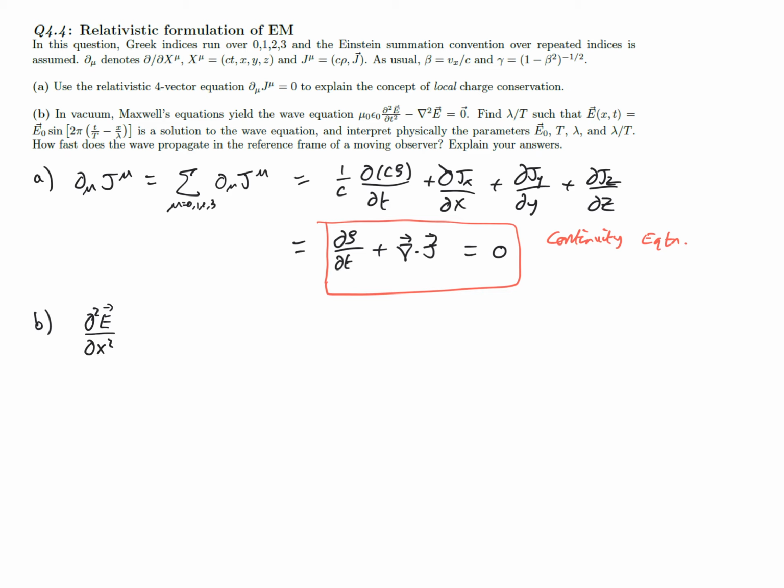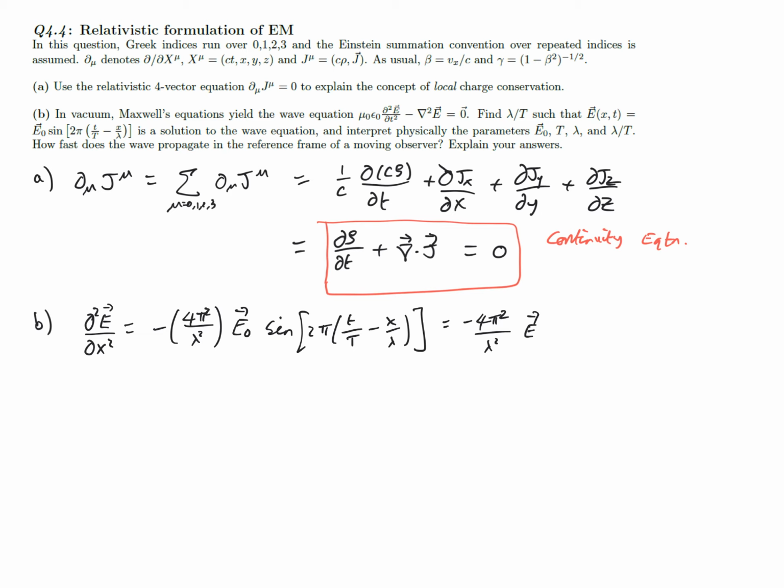So d squared E by dx squared is minus 4 pi squared over lambda squared, due to the derivatives with respect to x, E naught vector, and then sine, and we get the same thing back again. So it's 2 pi into t upon big T minus x upon lambda. And all of that can be written back in terms of the original electric field as minus 4 pi squared over lambda squared of the original electric field.